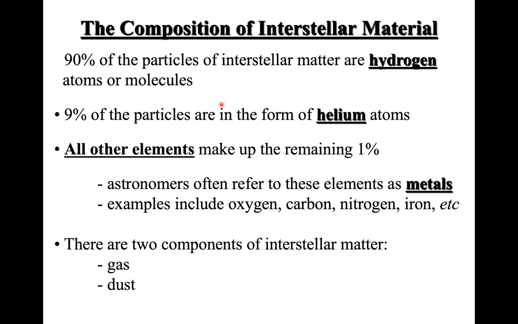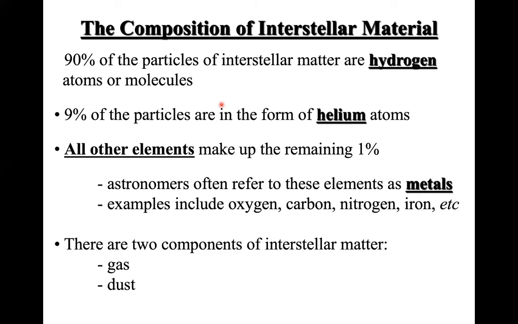So you have hydrogen and helium, and all other remaining elements are made from the remaining 1%, right? Astronomers normally refer to these elements as metals. So this 1% is metals, and this normally includes oxygen, carbon, nitrogen, iron, those kinds of things, right?